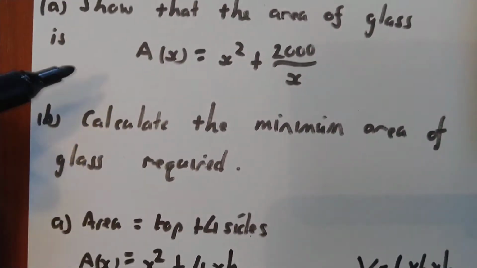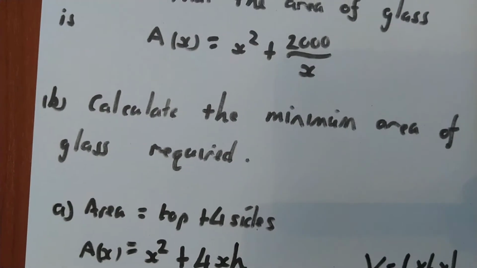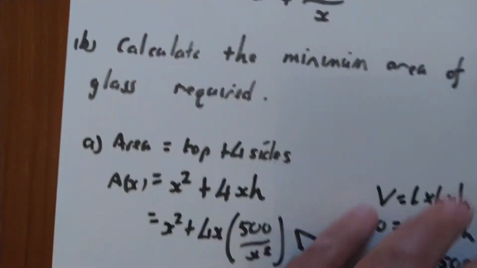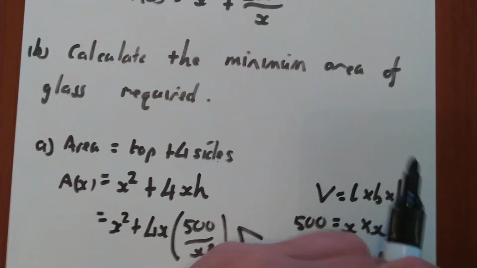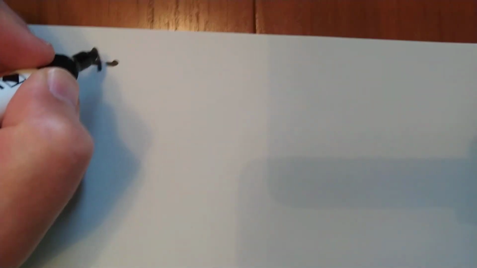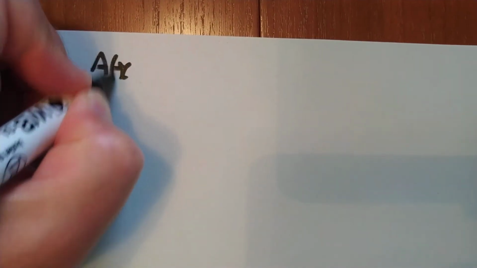Calculate the minimum area. That suggests stationary points. That means differentiate. So for question B, I'll use the same notation as the question.